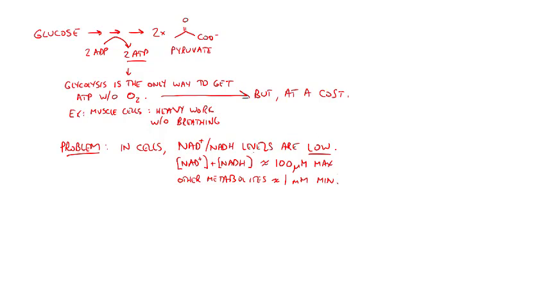So because NAD and NAD plus levels are low in cells, NAD plus is the limiting reactant, if you will, for glycolysis. And it gets depleted very easily. So you'll recall that NAD plus is one of the reactants for glycolysis.